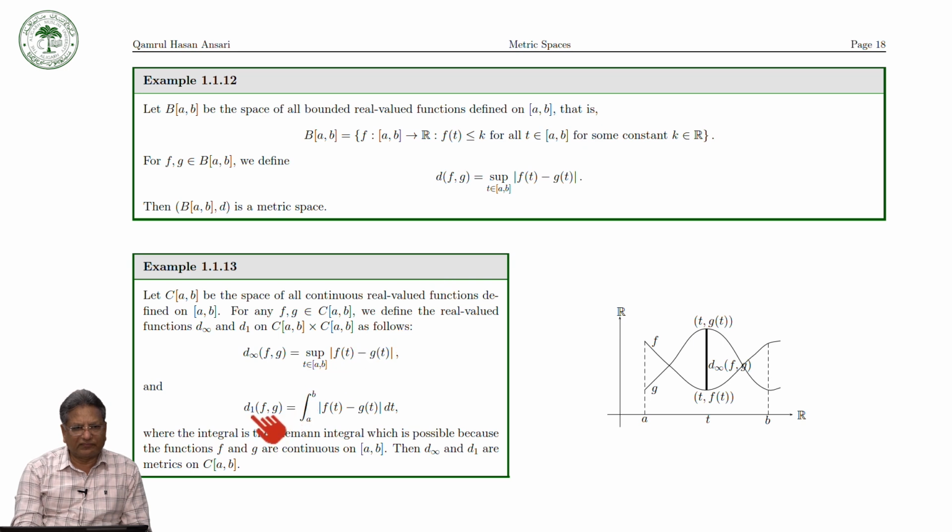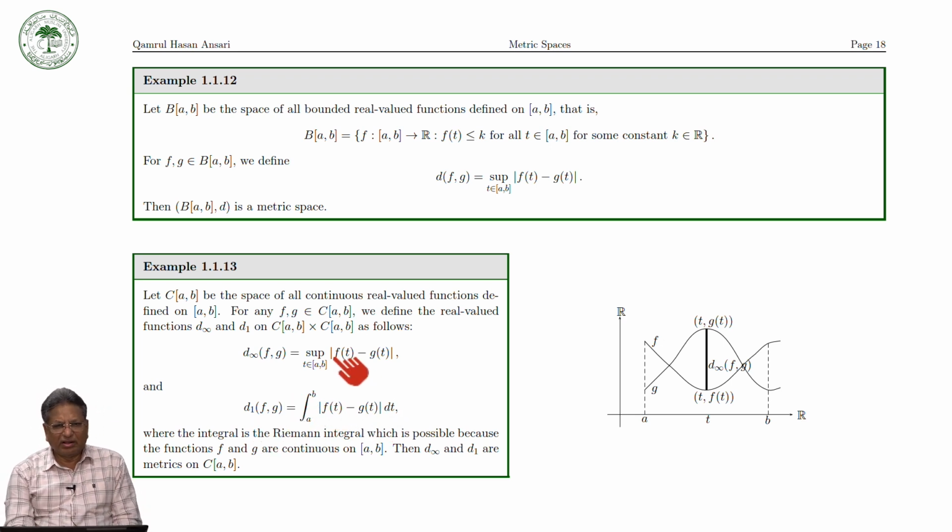The second, we can define d1(f,g) is equal to the integral from a to b of mod of f(t) minus g(t). Here the integral is the Riemann integral, which is possible because the functions f and g are continuous on [a,b].